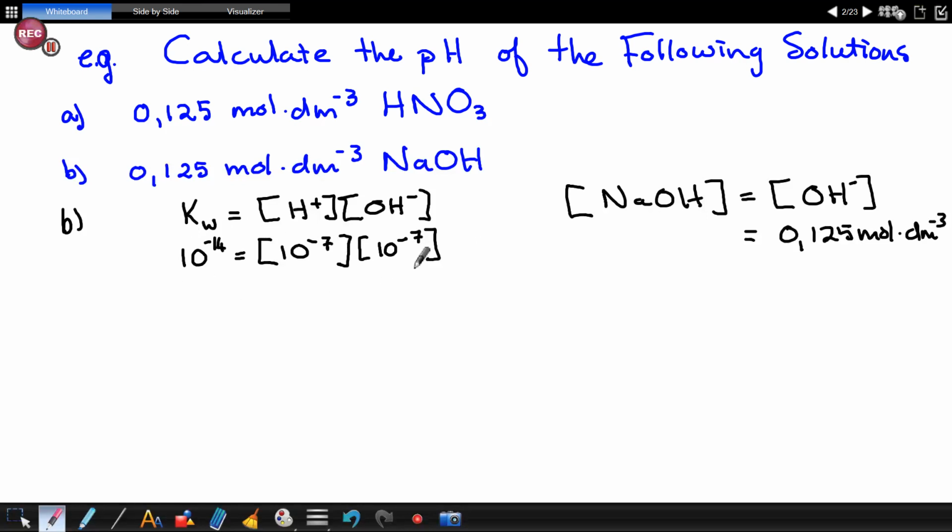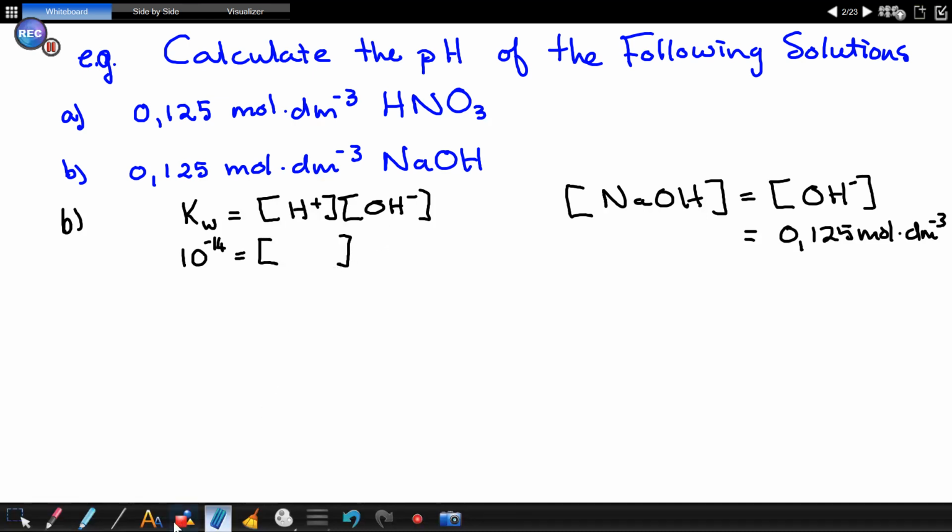So in this solution of water, once you add the sodium hydroxide, the concentration of the hydrogen ions won't be 10 to the minus 7 anymore, and the concentration of the hydroxide ions is not 10 to the minus 7 anymore. If we want to calculate pH, we need to recalculate the concentration of the hydrogen ions after adding the hydroxides to the water.